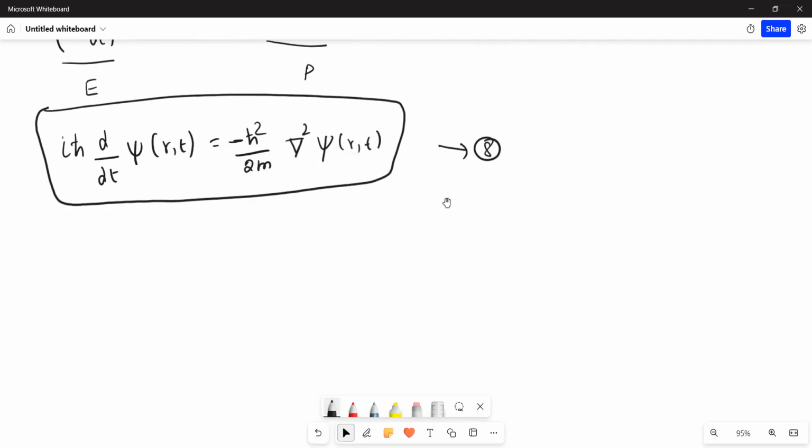What is the classical energy expression that we know very well? E is equivalent to the sum of both kinetic and potential energy, no? p squared by 2m plus potential energy V. That is the total energy. This is the classical energy expression.